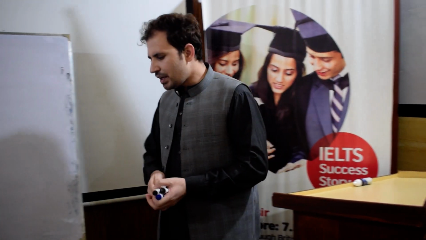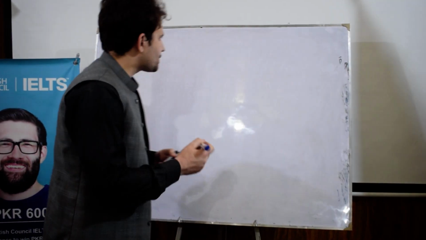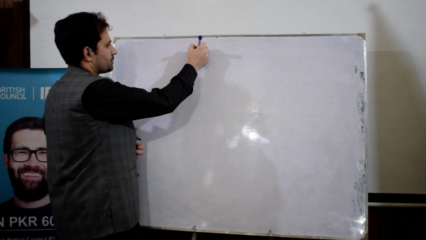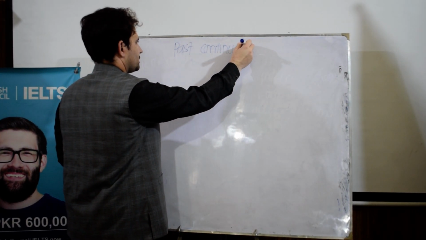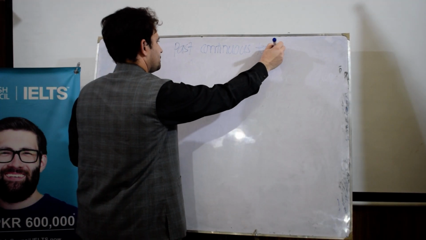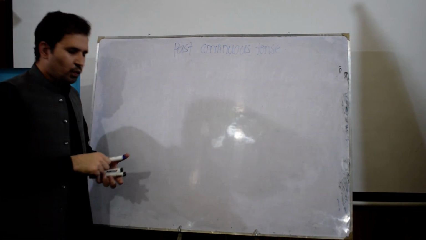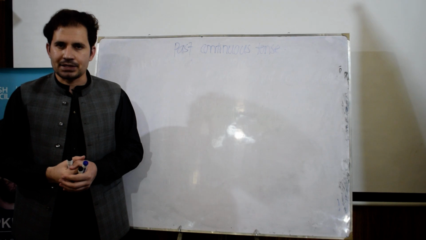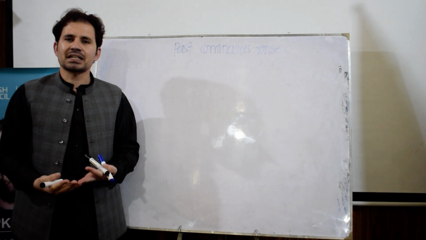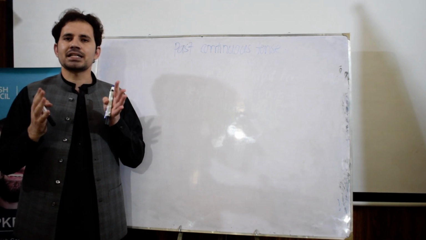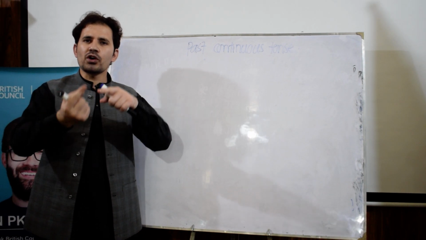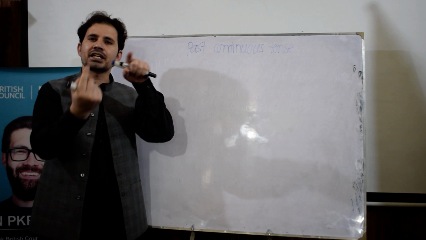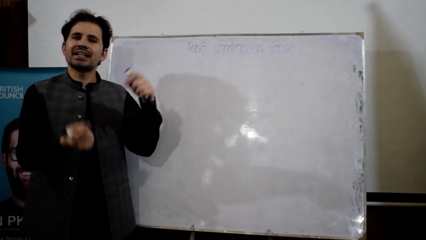The topic we have selected today is past continuous tense. We want to talk about past continuous tense. What I mean by past continuous tense is those actions that were in progress or in continuation in the past.